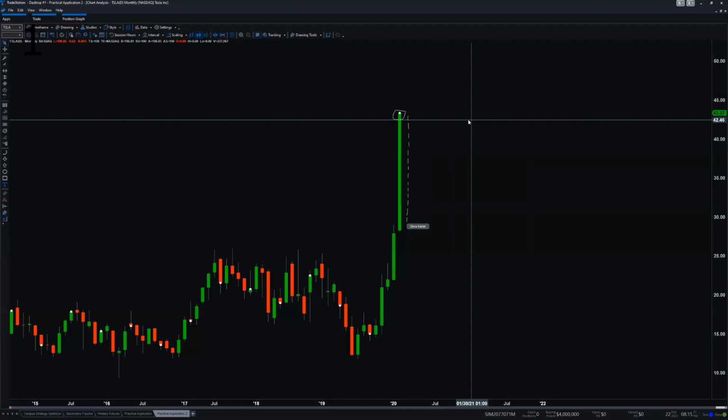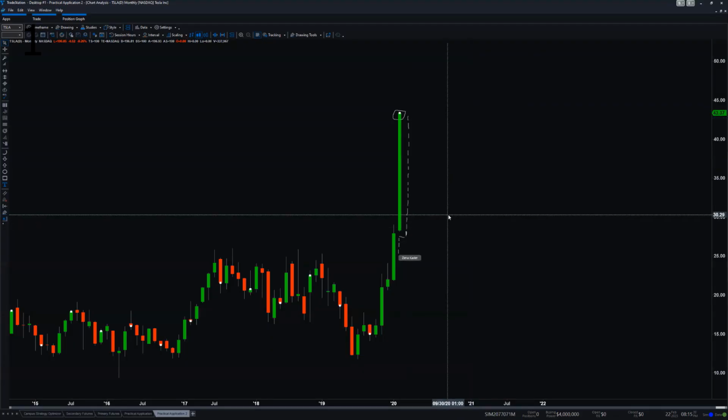You find another explosive candle or another part of the formation, you would go down to the left, not cutting through any candles. That's perfect. So what you find next is another explosive candle. You have an indecisive candle, and a decisive candle.